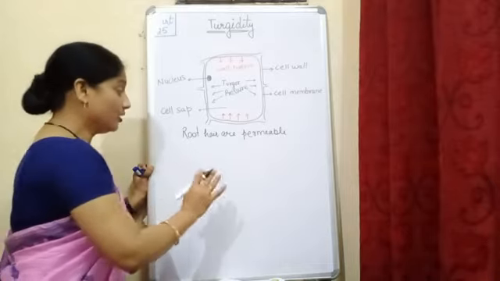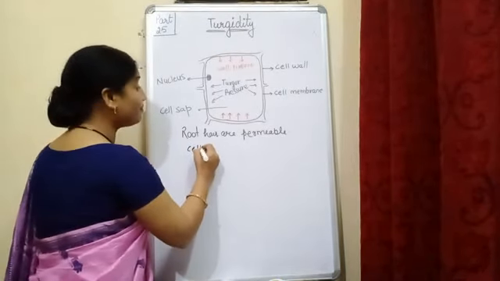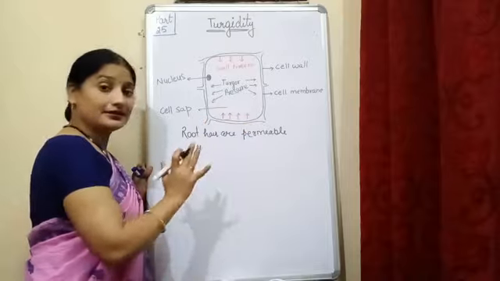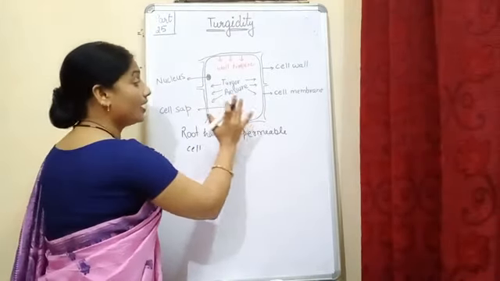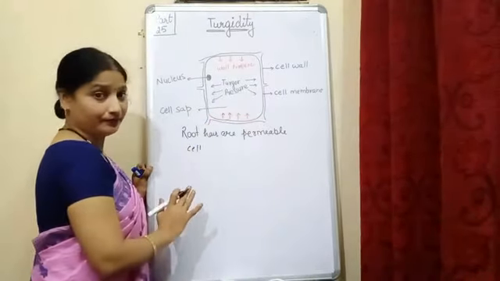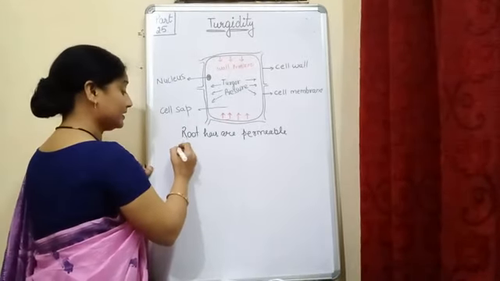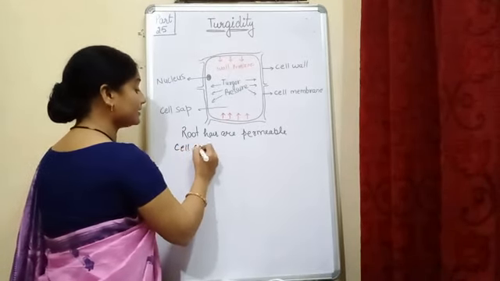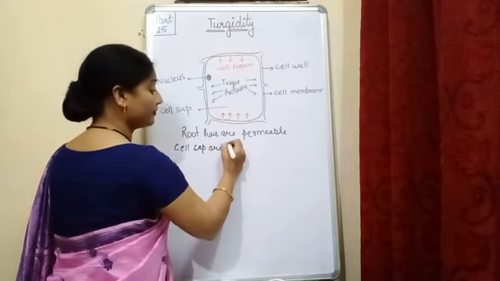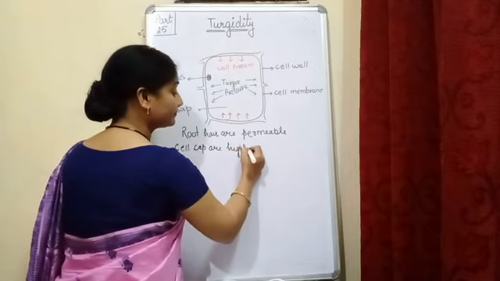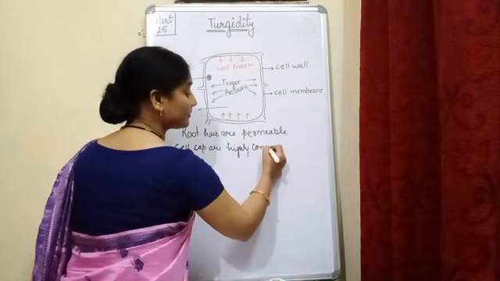Clear? Now, the cell sap of these cells is highly concentrated. So what we can write? That is, the cell sap is highly concentrated.